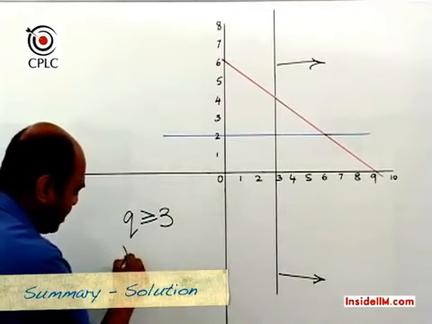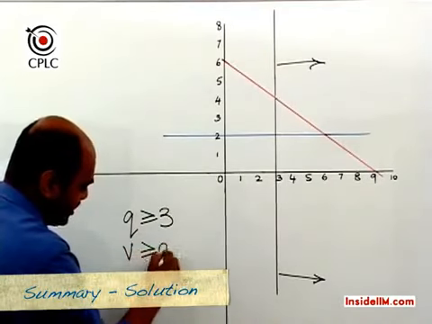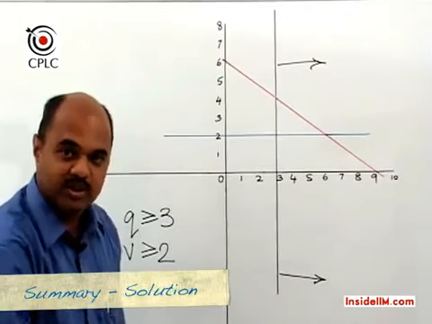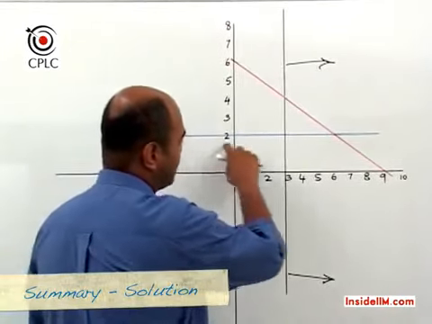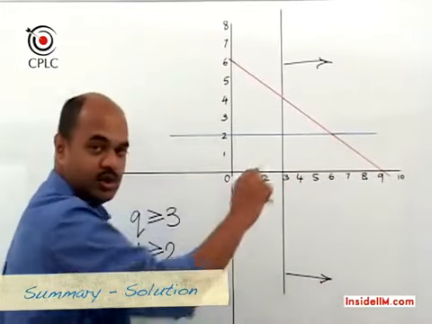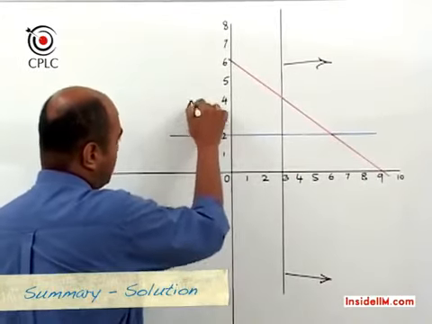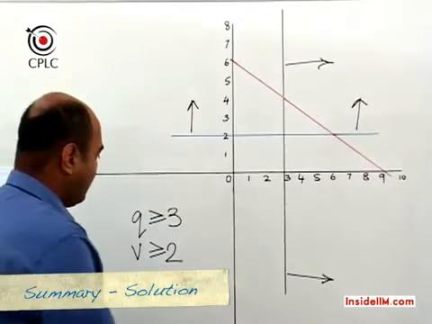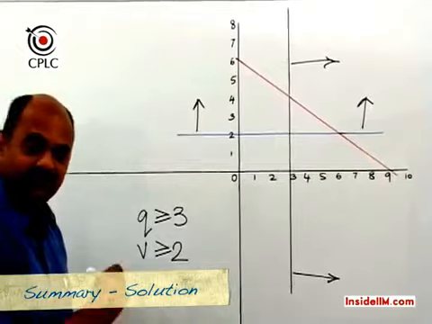We were also told that the number of verbal questions is minimum 2, if this y-axis represents the number of verbal questions, and we've drawn this blue line at y equal to 2. So we are now talking about this area which is above this blue line.